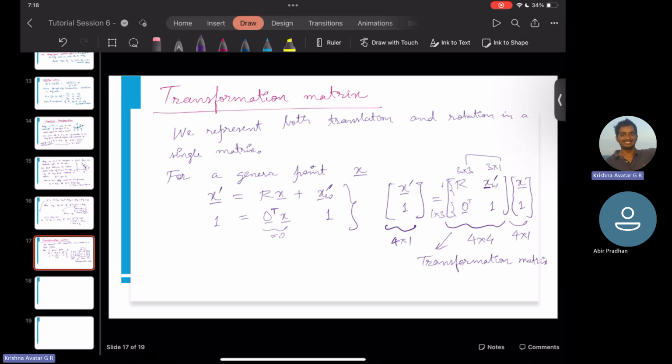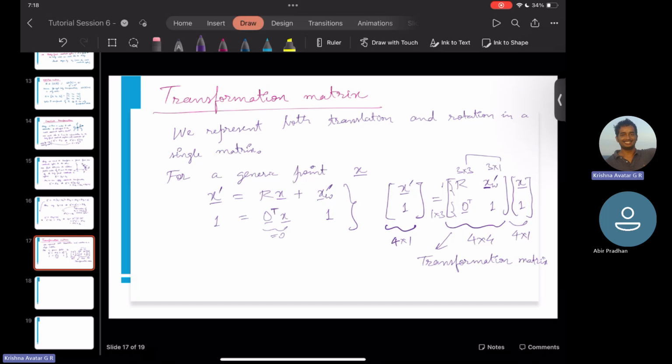And this is widely used in the robotics community, right? And this was for representing the position vector in the world coordinate system in terms of the body coordinate system.